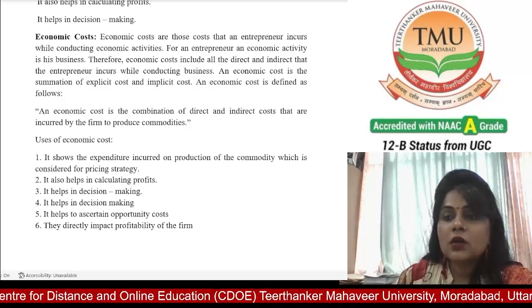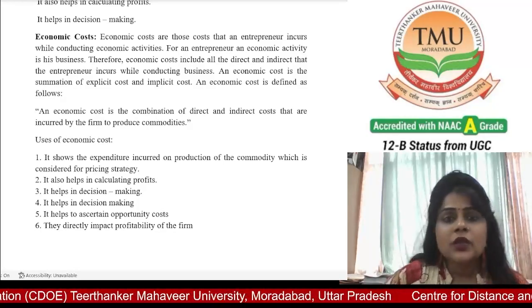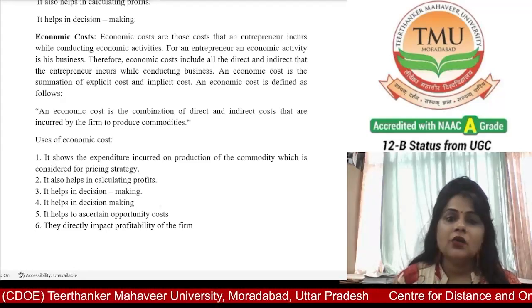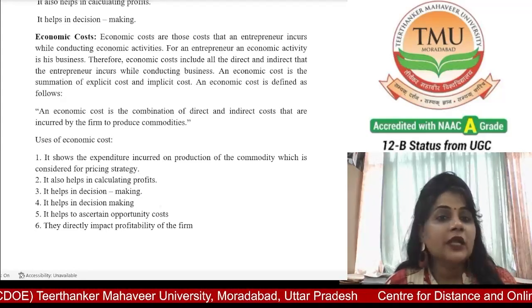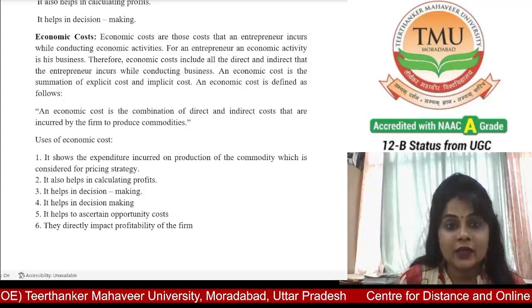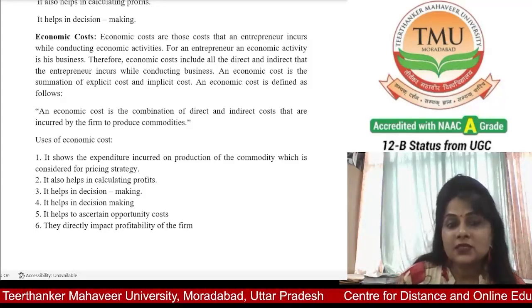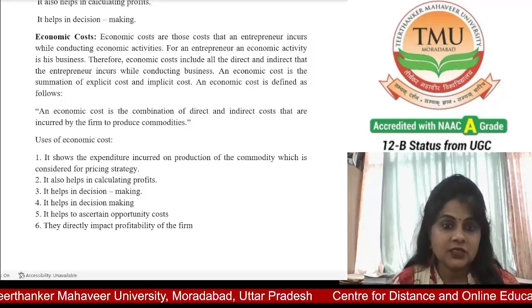So economic cost, also known as opportunity cost, looks at the potential differences between taking one action over another. They measure both the explicit cost and the implicit cost of the following strategy.